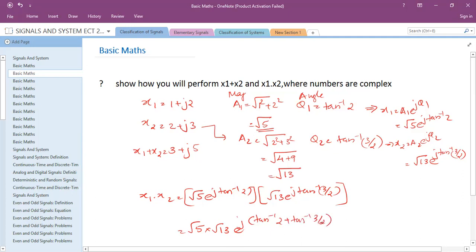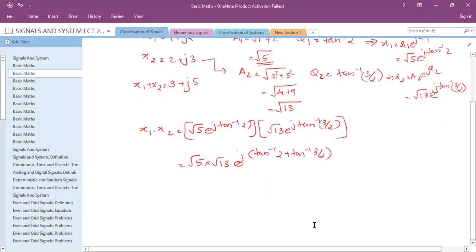And when it is given in the magnitude angle form, that is x1 is given as root 5 angle tan inverse 2, and x2 is given as root 13 angle tan inverse 3 by 2, so commonly we use this particular notation. We will not use the e raised to j term, but the notation is e raised to j.